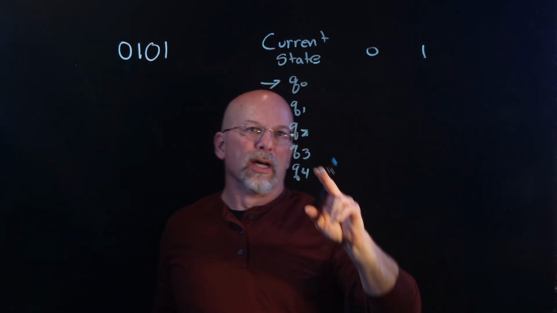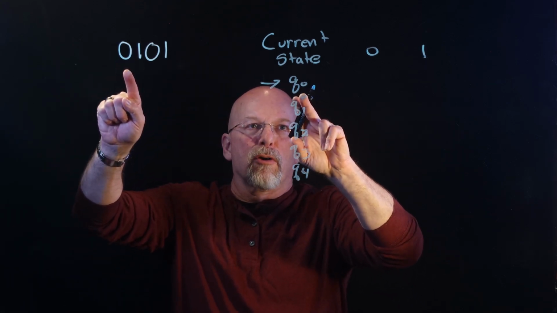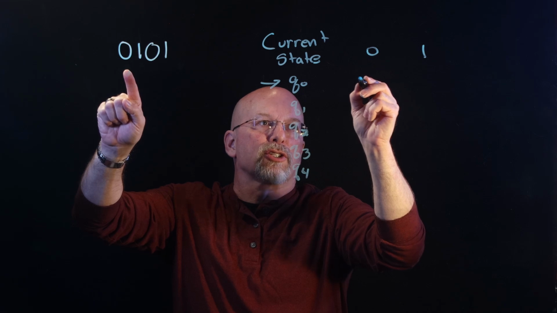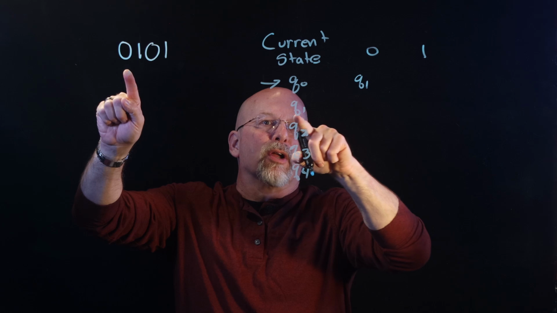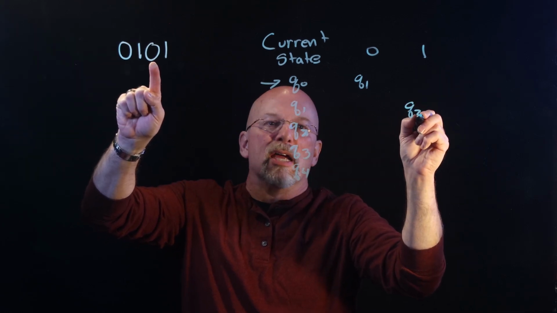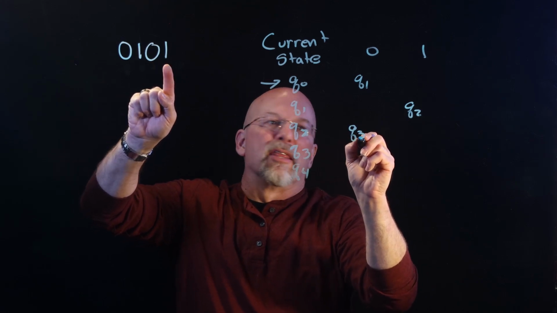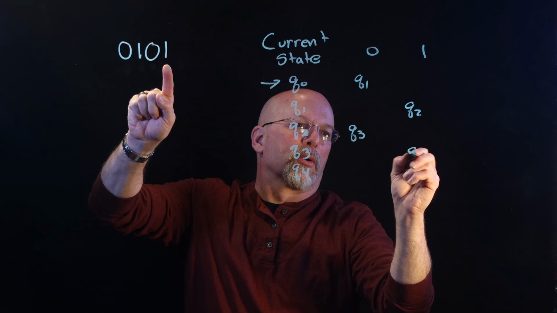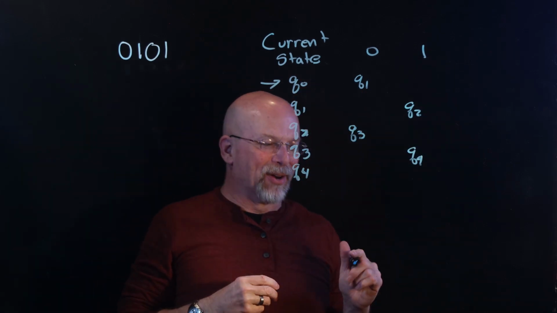Our 0 from Q0 is going to take us to Q1. And then when we're in Q1, if we get a 1, we're going to Q2. And then if we get a 0 from Q2, we're going to Q3. And then if we get a 1 in Q3, we're going to Q4, all right?